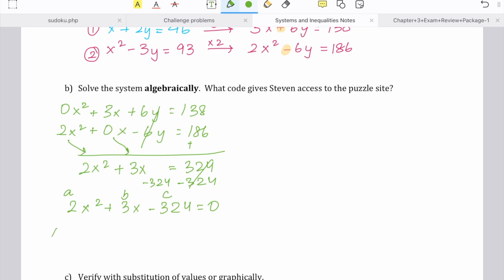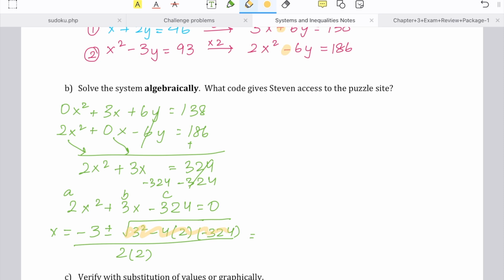Substituting it into my quadratic formula, it'll be negative 3 plus minus the square root of 3 squared minus 4a, which is 2, and c, which is negative 324, divided by 2a, which is 2. You can put all this in your graphing calculator, and you'll get negative 3 plus minus the square root of 2601 over 4, and then the square root of that is negative 3 plus minus 51 over 4.